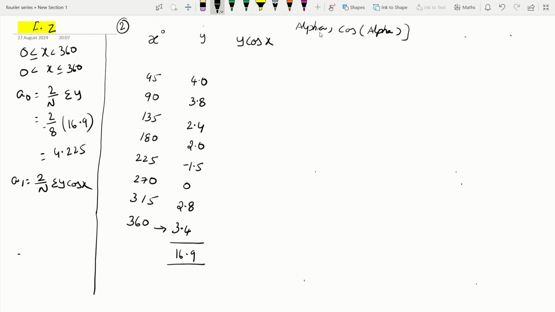In MS it is comma, in ES it is the Calc SD. Press cos, open bracket, alpha, closed bracket, again closed bracket, then y cos x will be there. Press the CALC option. It will ask y value. What is y? 4.0. Give it. It will ask x value. What is x value? 45.